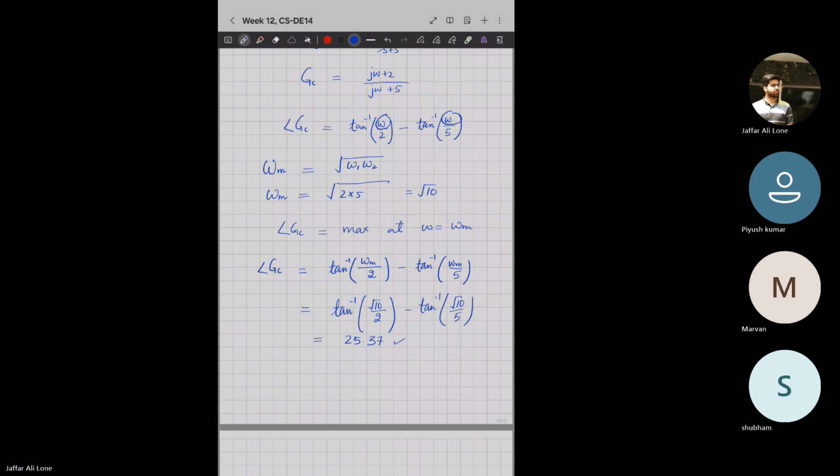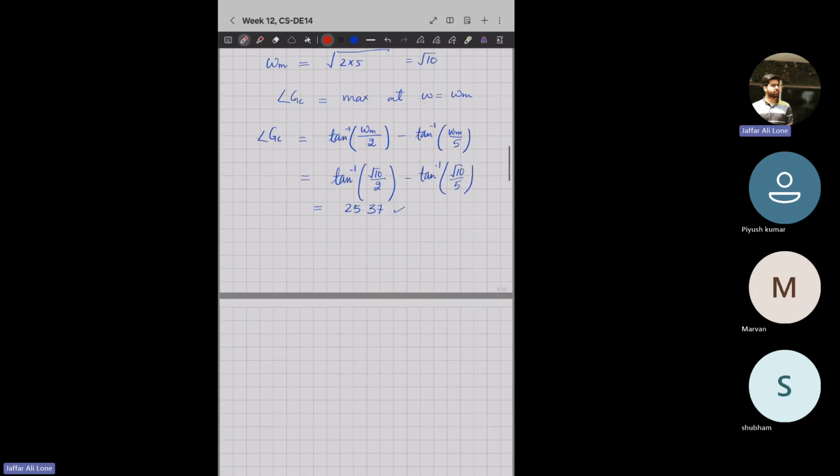Okay, good. Now, another type of question that you face in these lead lag compensators is that for the same problem, you are asked the frequency at which the maximum phase lead would be provided.